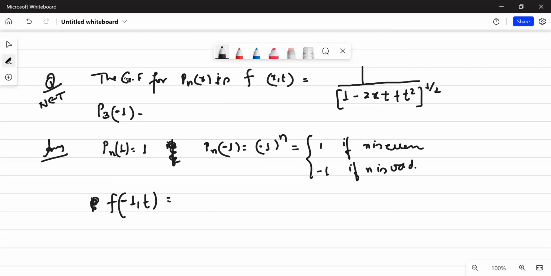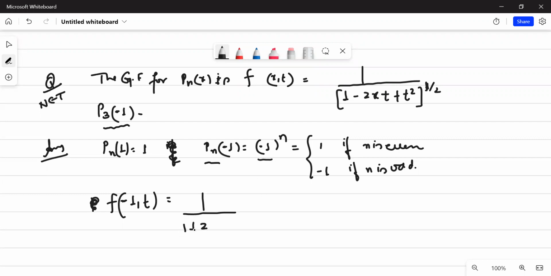So this is a question in the NET examination where the generating function for Pn(x) is f(x, t) given by (1 minus 2xt plus t square) raised to power 1 by 2, and then it was asked what is P3(-1). I've already taught you that Pn(-1) is (-1) raised to power n, so you can straightaway give an answer. Or if you don't remember that in the exam, you can just take expansions of it.